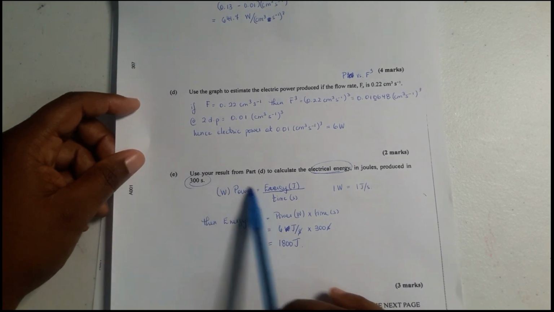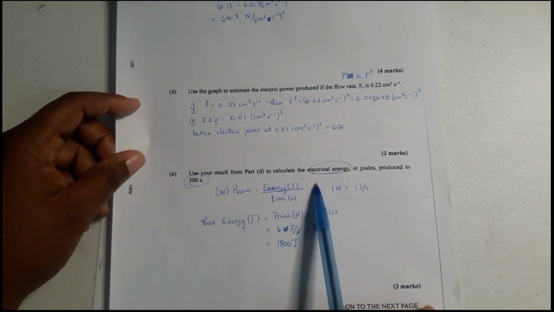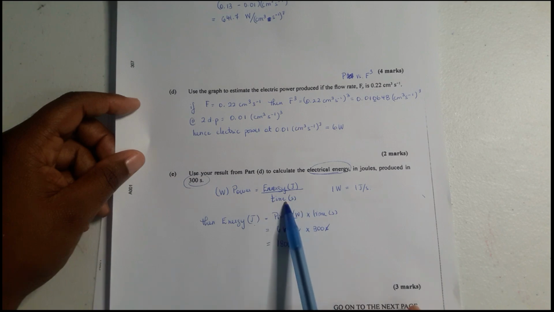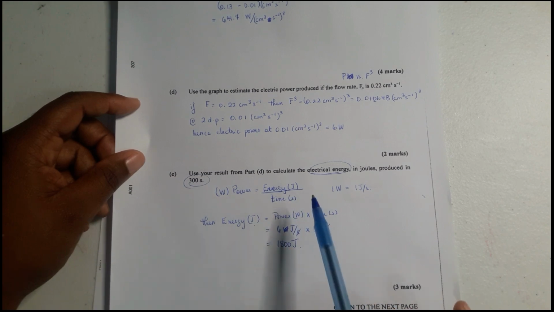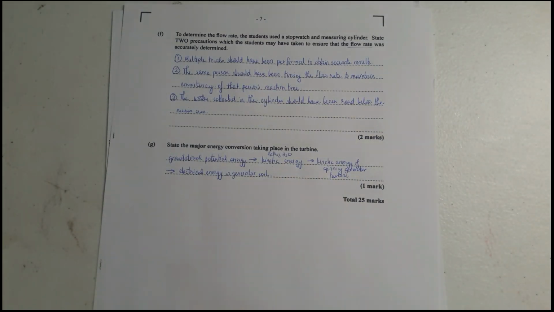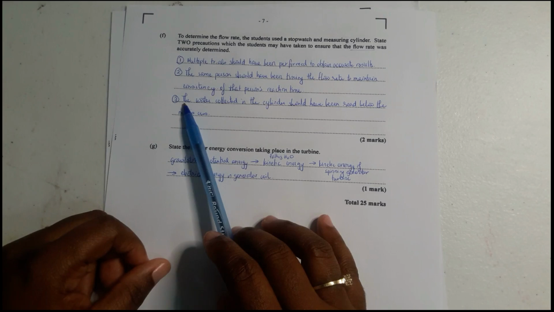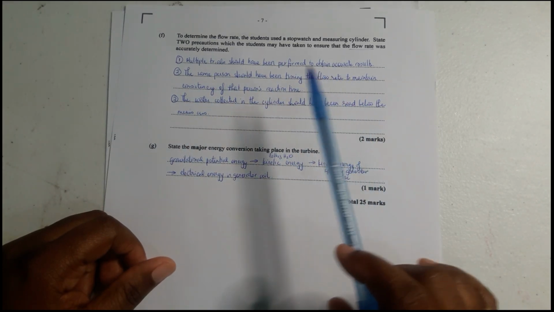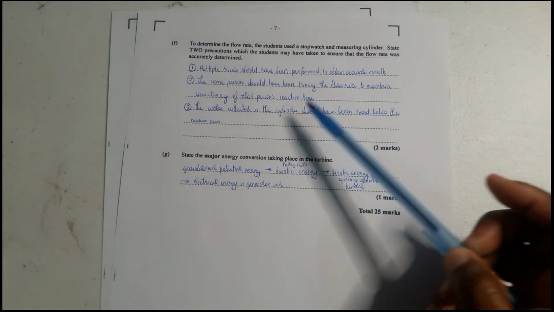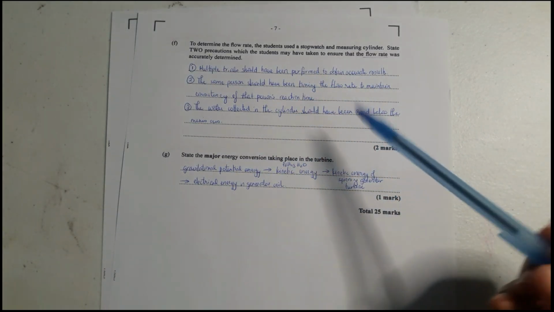And then, if you know your equations where power is equal to energy over time, you just do a simple transposition, and then you find your answer. This is based on your laboratory skills, and these are things you would have written down in your lab book or typed up for your lab. And so this should have come like second nature to you.